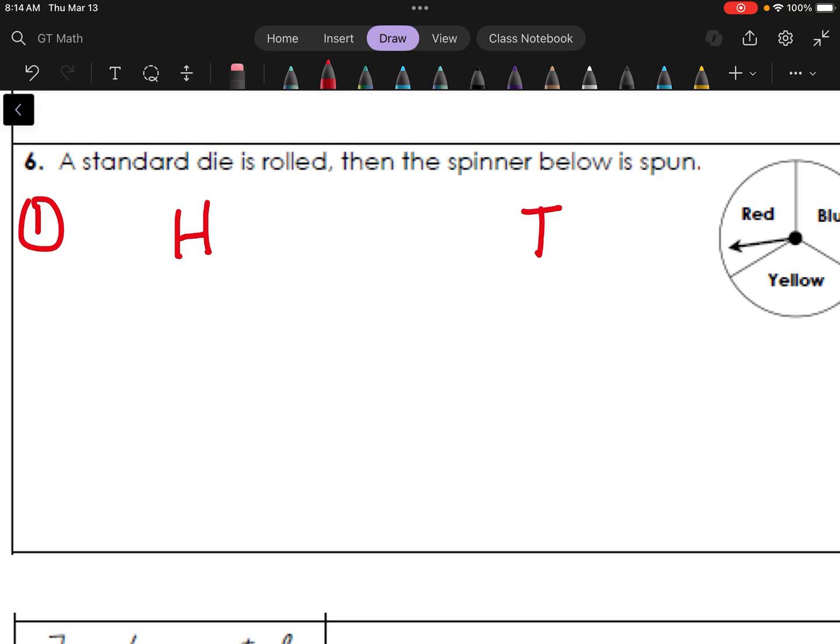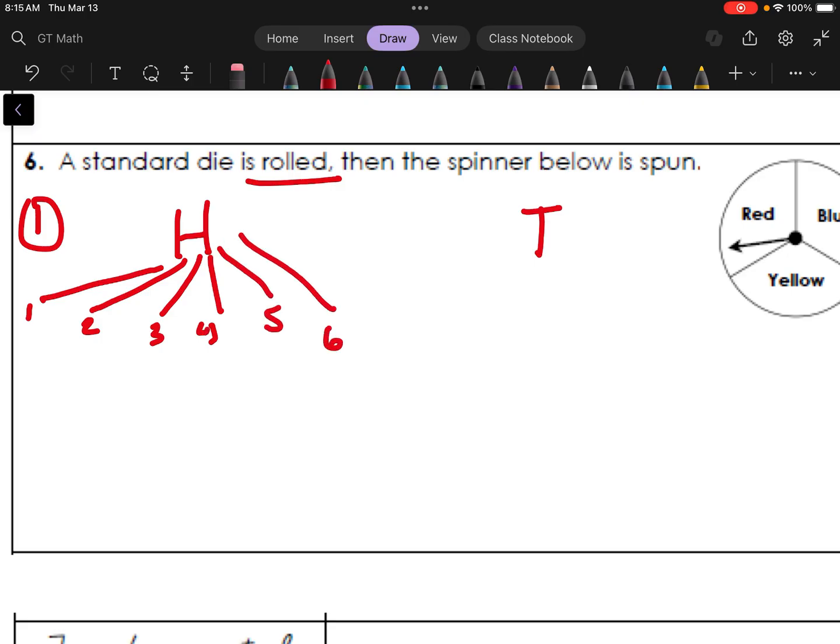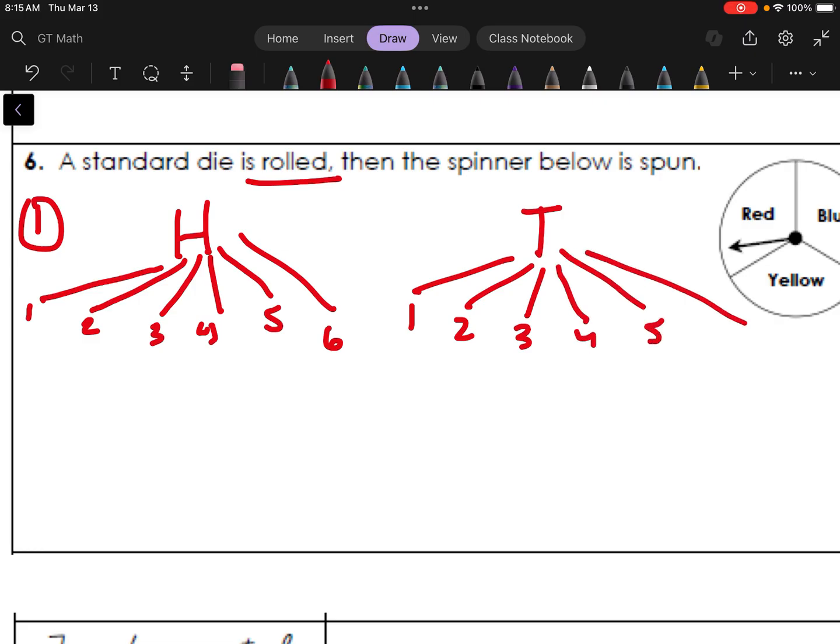Now, after that, I then roll the dice. Well, if I roll a dice, I have 1, 2, 3, 4, 5, 6 different outcomes, right? And if I get a tail, I still have 1, 2, 3, 4, 5, 6 outcomes, right?